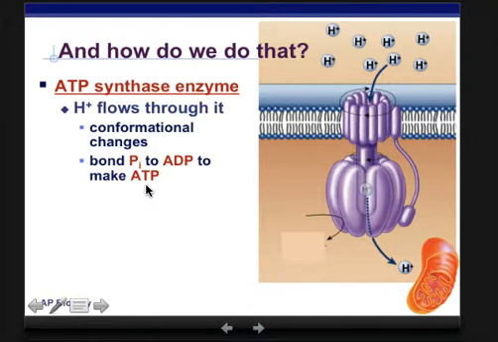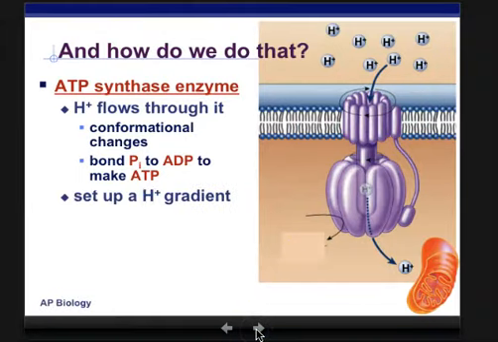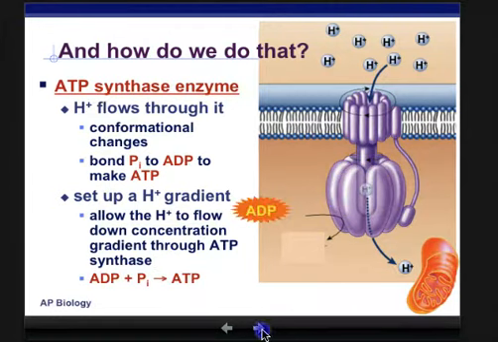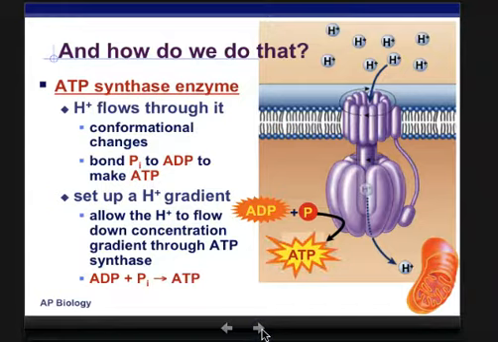Remember, we're going back and forth between ADP and ATP; ATP always wants to ditch that phosphate, and then the ADP will pick it up again. So we end up with the hydrogen ion gradient, and the hydrogen ions flow down the concentration gradient through the ATP synthase so that we can complete that reaction of converting ADP back into ATP.